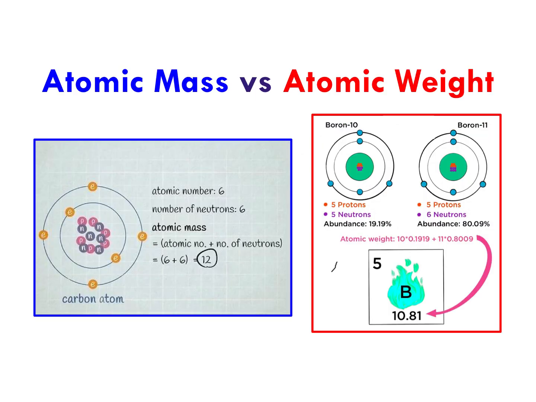This slide is talking a little bit about what I just mentioned. So again, atomic mass versus a more familiar term for when we average the isotopes, which is atomic weight. Atomic mass is simply the protons and the neutrons added together, so it's a whole number.